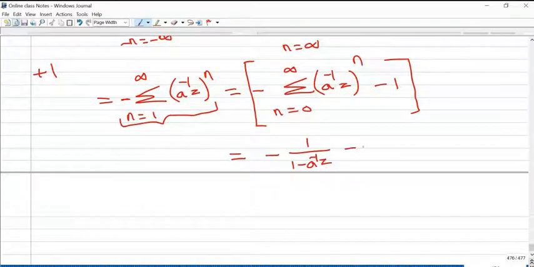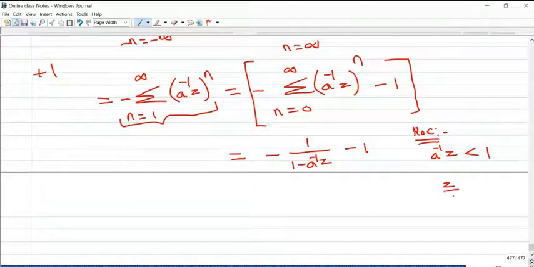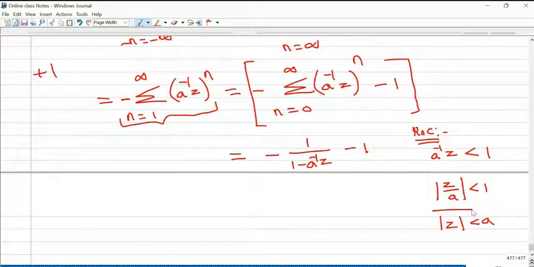And this minus 1 is there. What is the region of convergence condition? A must be less than 1, right? So this entire term is a. A inverse z must be less than 1. That is nothing but z by a less than 1. So z is less than a. This is the region of convergence.